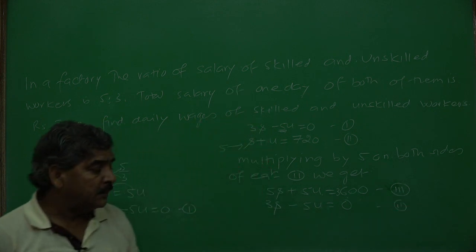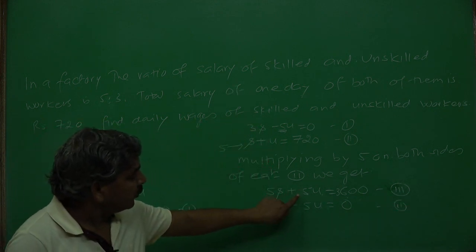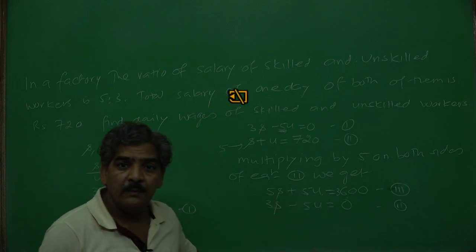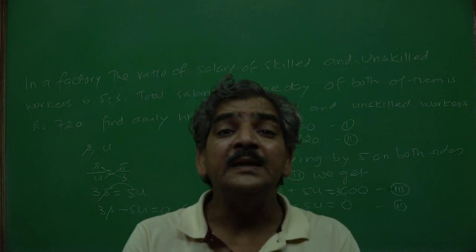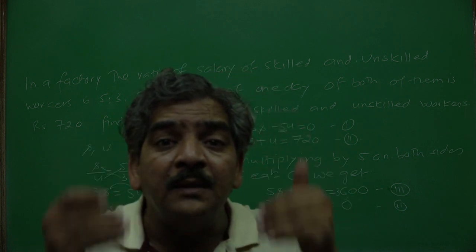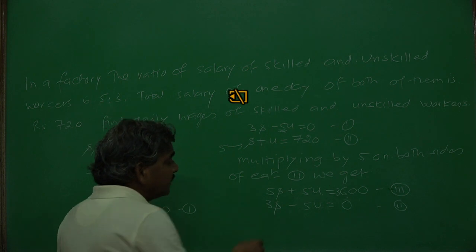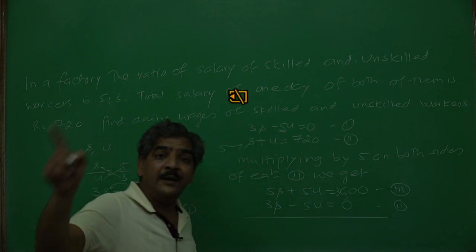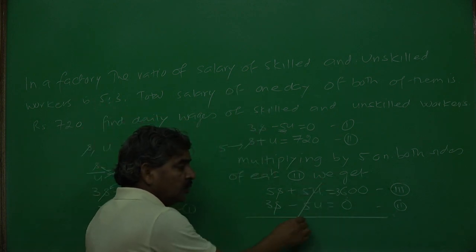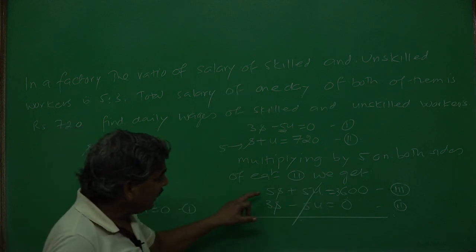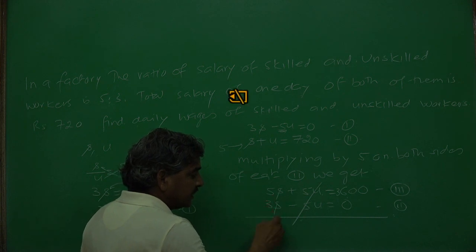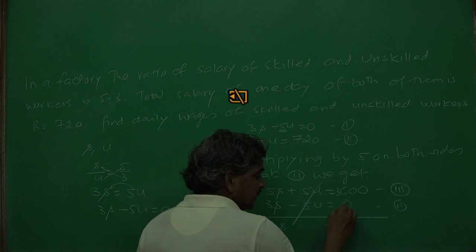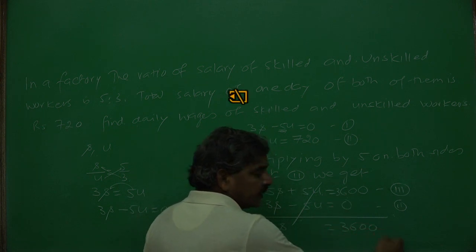Now you can confirm that in both equations the coefficients of u are equal and opposite in sign. And I told you, if their signs are opposite, then add the equations. If I add the equations, u will get eliminated, and I get the equation in s. 5s plus 3s is equal to 8s is equal to 3600.